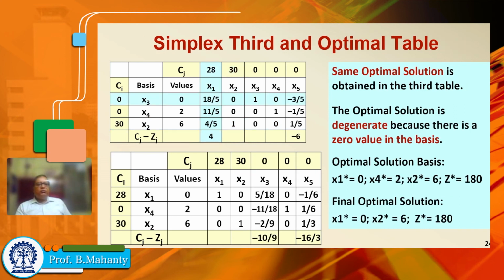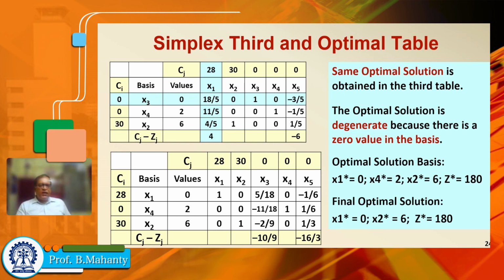All right. So you see what has happened: x1 comes into the basis, but with a 0 value only. That means it is not going to contribute in any manner to the objective function value, because earlier also the solution was x1 equal to 0, x2 equal to 6. Now also the solution is x1 equal to 0 and x2 equal to 6.